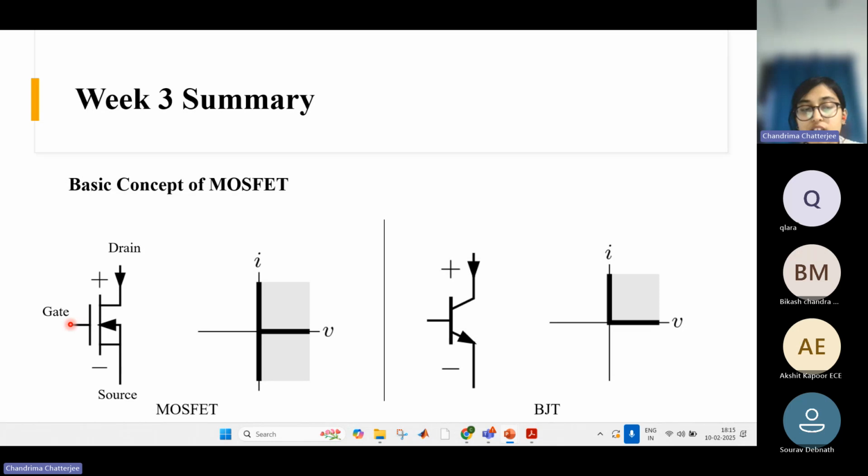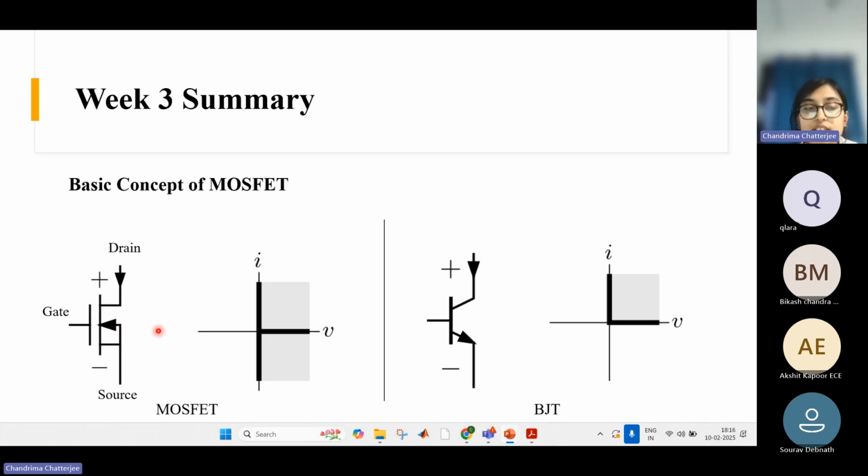So the first difference is that the control terminal is electrically insulated from these two terminals. That's why the full form of MOSFET is metal oxide semiconductor field effect transistor, right? There is an insulating layer between the gate terminal and the substrate. Okay, this is the first difference.